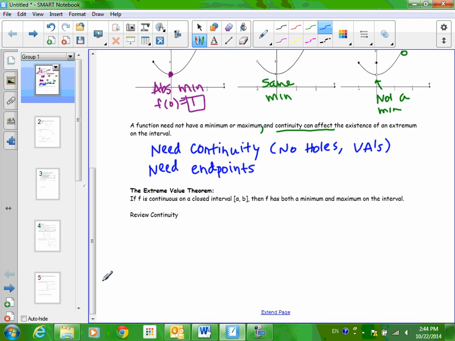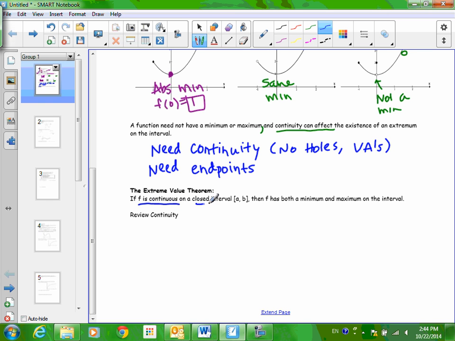Okay? So, extreme value theorem is kind of like intermediate. Remember, intermediate was saying if we have 2 points and we know the y value is in between the two y values, then the x value also has to be in there, meaning in the middle somewhere in between. Extreme value has to do with the extremes, the max or min. So look at what the conditions have to be. F has to be continuous. So this is what we said right here. We need continuity. All right?